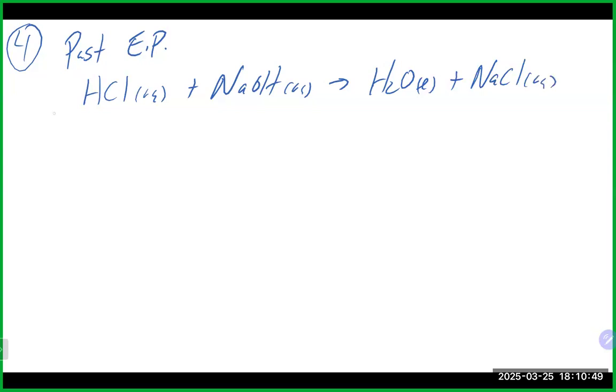Once again, still using my same numbers here, I'm starting with this one and adding this one. I'm going to start with my 4 moles. But now that I am past the equivalence point, should I have less than 4 moles, 4 moles, or more than 4 moles of sodium hydroxide?